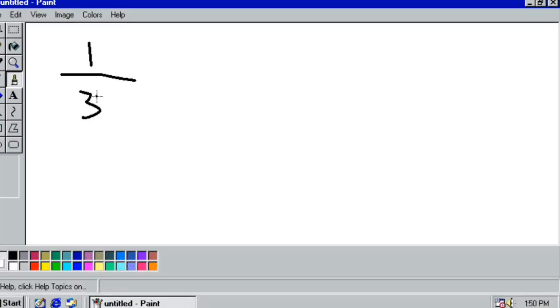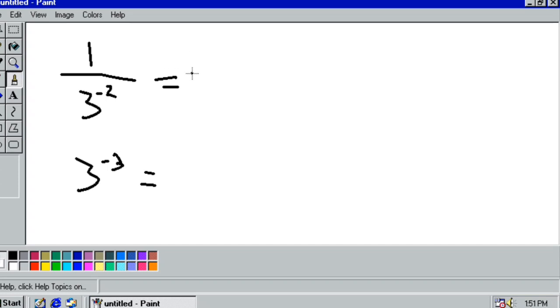We have 3 to the negative 2 power. So how are we going to simplify this? We just have the reciprocal, 1 over 3 raised to negative 2.